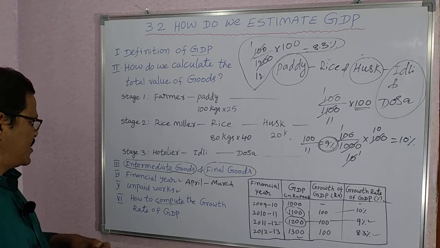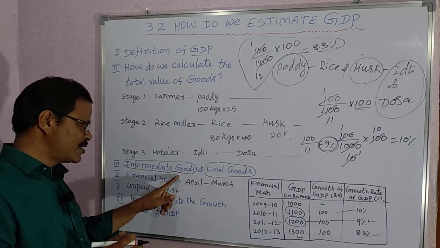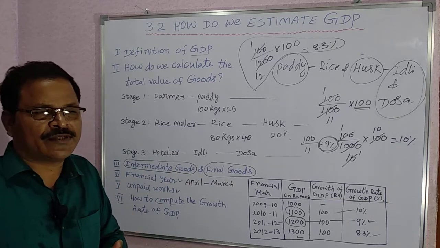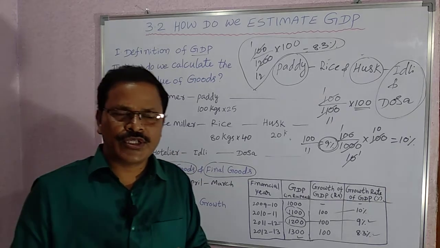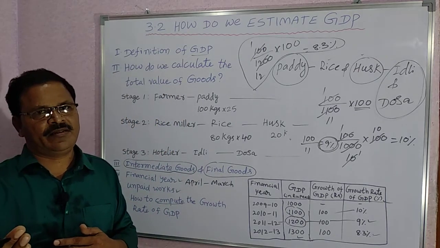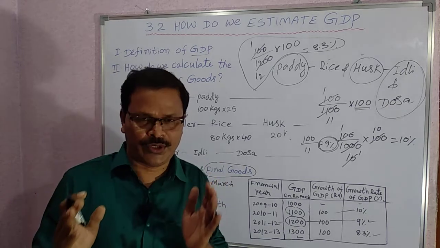The next topic is types of goods: intermediate goods and final goods. What are intermediate goods? The goods which are used to produce other goods are called intermediate goods.